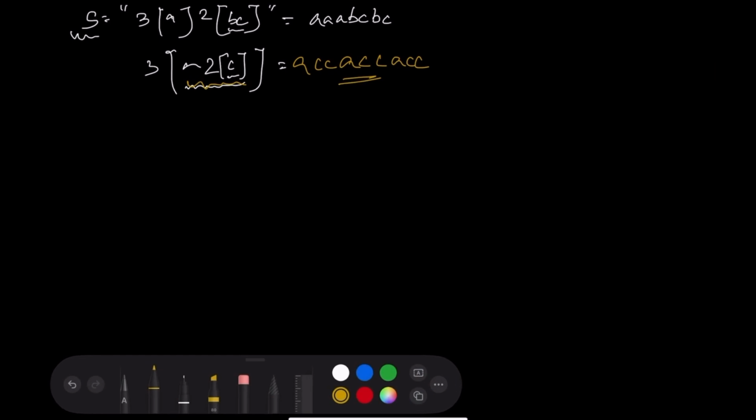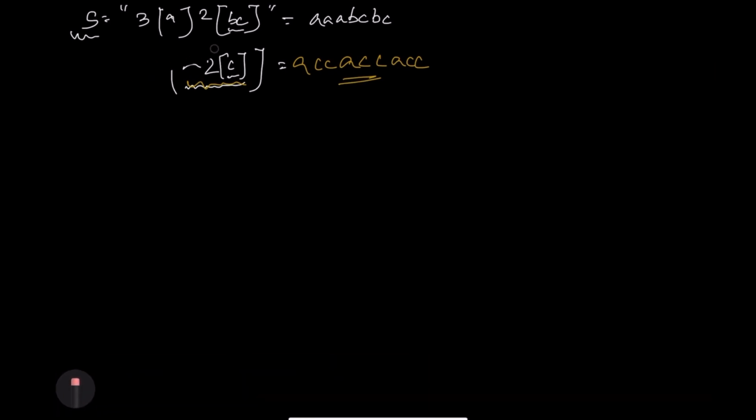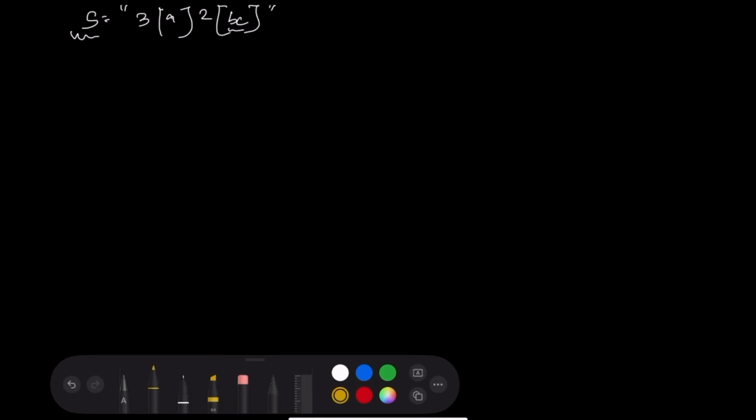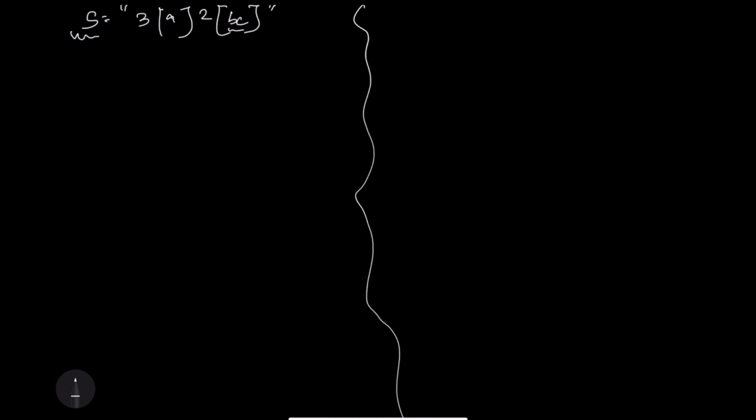Now let's write up the code for this and then do a dry run to see how we achieve this. For this we would be using a stack. We would be maintaining a current string and a current number. Our current number will represent the number, and our current string would represent the whole string that we will be repeating, like our output.